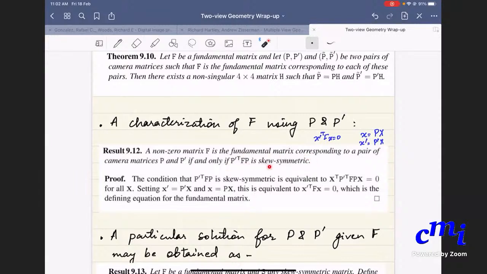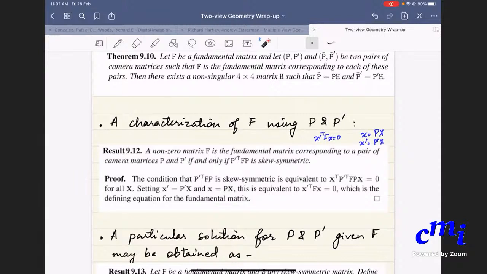Okay, so saying that this matrix is skew symmetric is the same as saying that this is 0 for every X, right? And saying that this is 0 for every X is the same as saying, by using the substitution, that X prime transpose Fx is 0 for every X, which is true because F is the fundamental matrix.